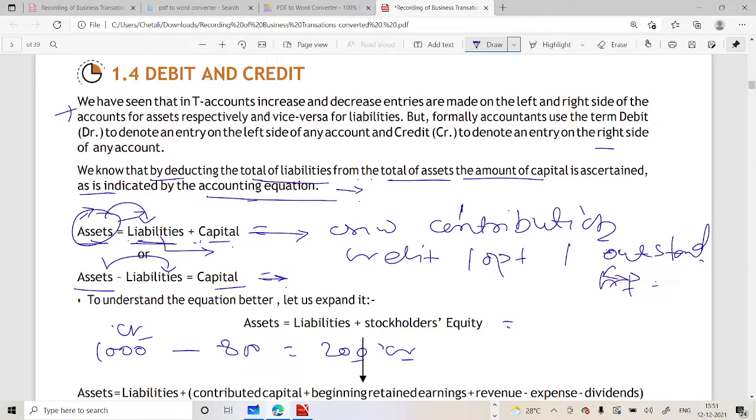Correct? So you can compare these assets with the liabilities, and you can even compare the owner's equity against the liabilities. Okay, this is very important from the investing purpose as well, क्योंकि ये ratios वगैरह जो होते हैं ना, P ratios, the capital adequacy ratio, current ratio, the insolvency ratio, right?